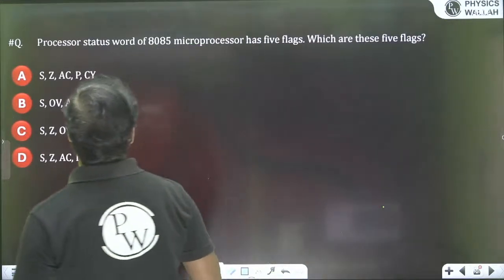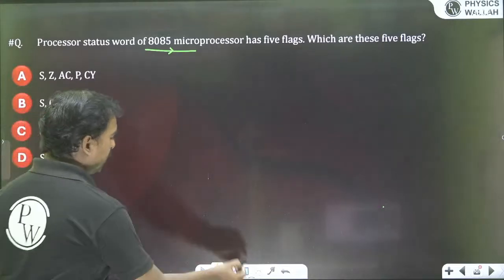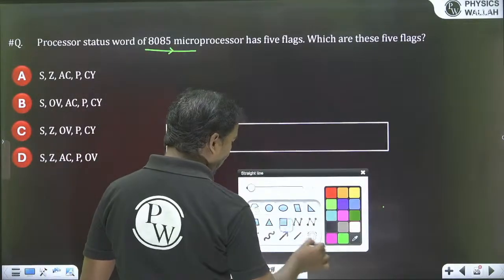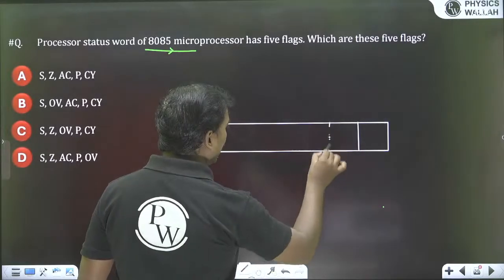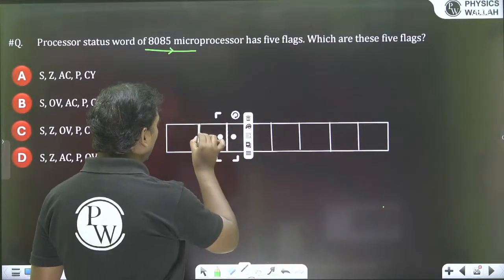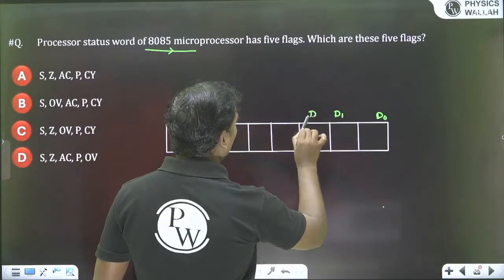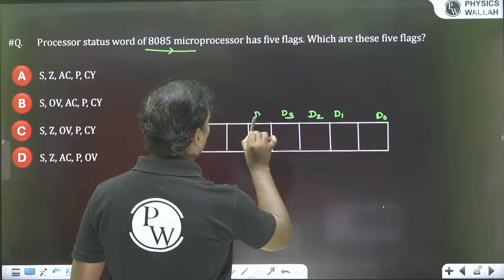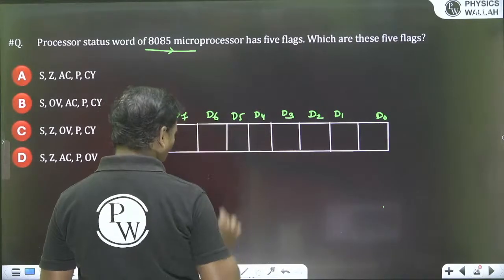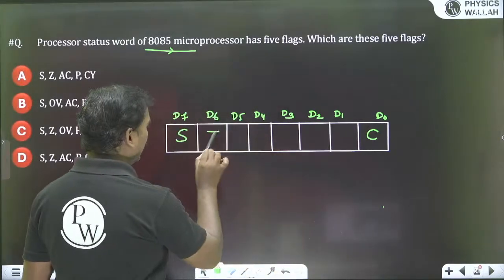The processor status word of the 8085 microprocessor has 5 flags. Which of these are the 5 flags? So I told you to remember like this. The 8085 has an 8-bit register, D0, D1, D2, D3, D4, D5, D6, D7.